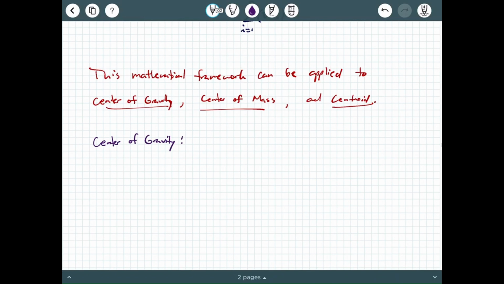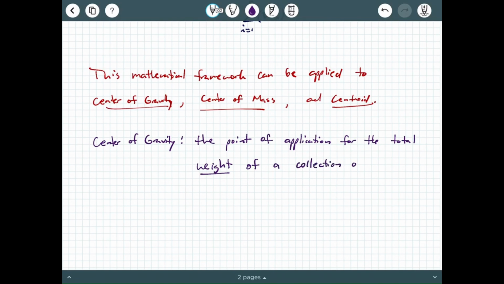Well, this is the point of application for the total weight of a collection of particles, which we call a discrete system, or a continuous body, which of course is called a continuous system.